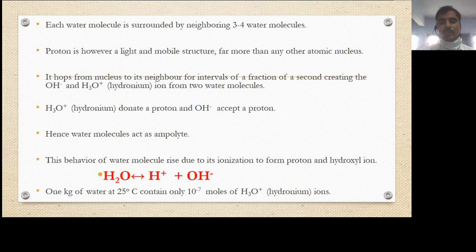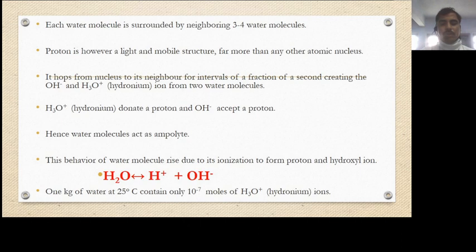In the second phase, the hydronium ion donates the H plus ion, that is a proton, and this donated proton is accepted by the OH minus ion, which results in the formation of an H2O molecule.